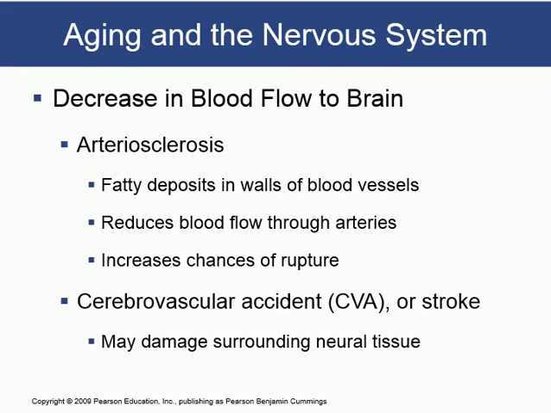What if the CVA affected the temporal lobe? What is the problem? Hearing? Yes. You lose your hearing. What if it affected the primary motor area? What is it? Paralysis, yes. You can't move.